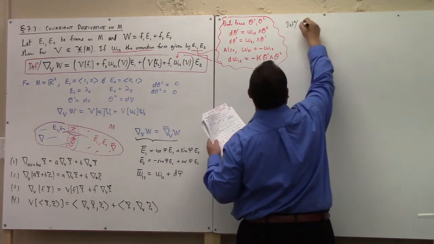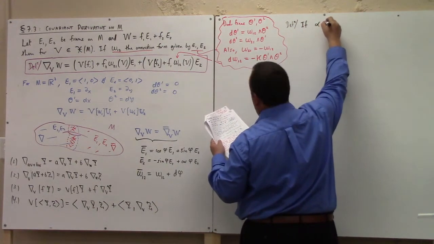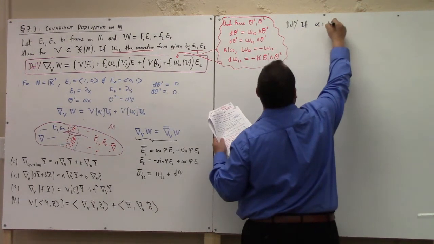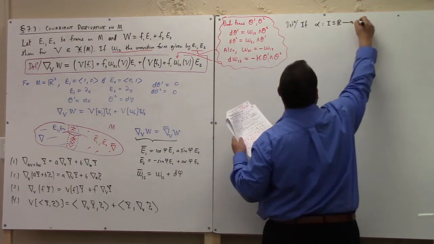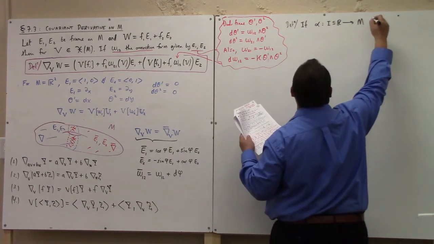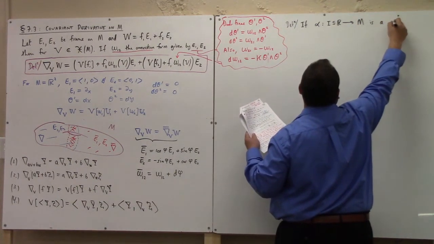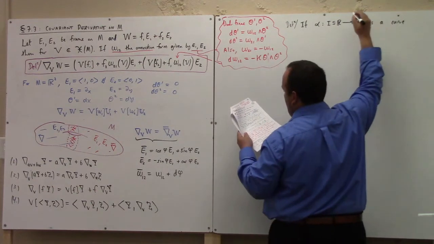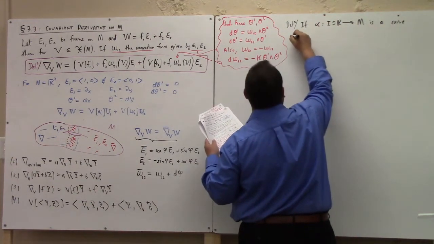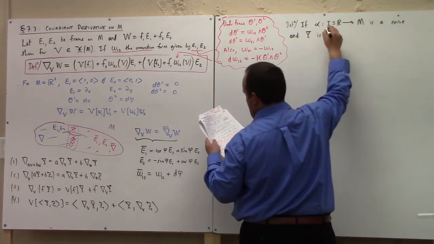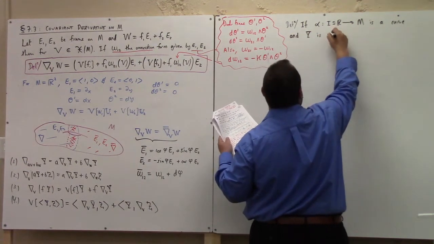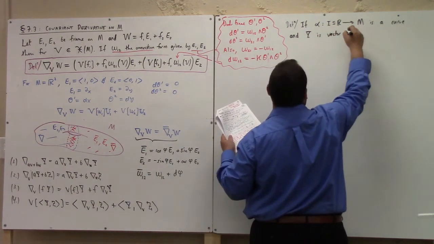If we have a curve, so I is a subset of the reals, right? And M is our abstract surface. If this is a curve, and Y is a vector field along alpha, or vector field along the curve.